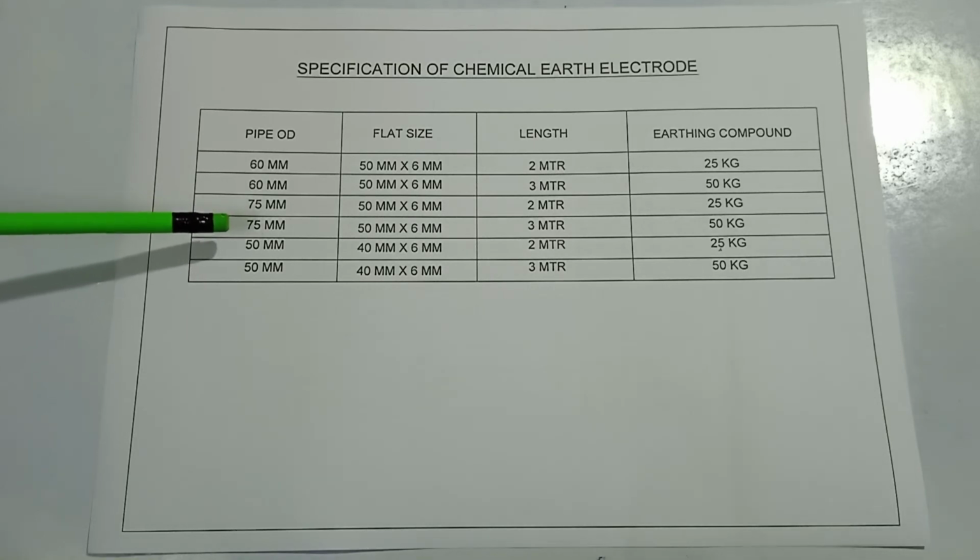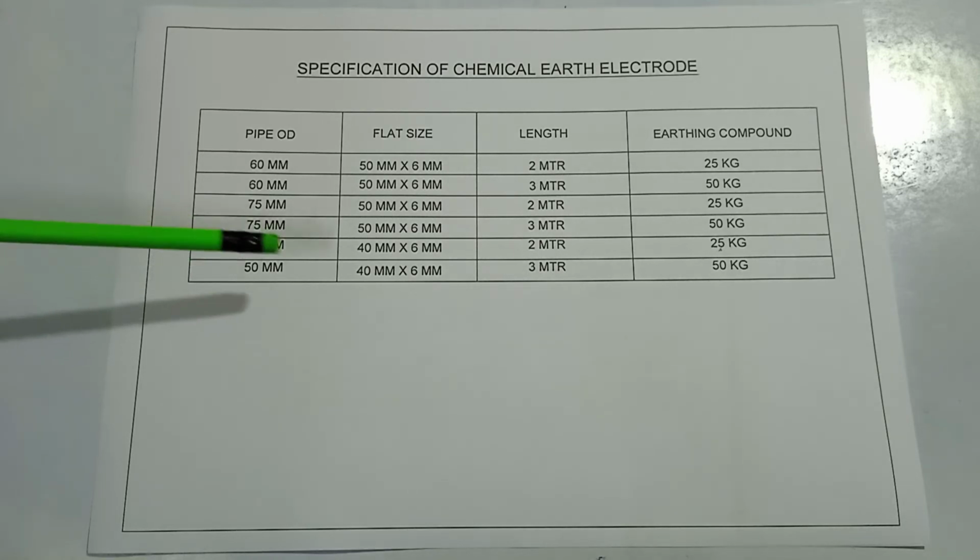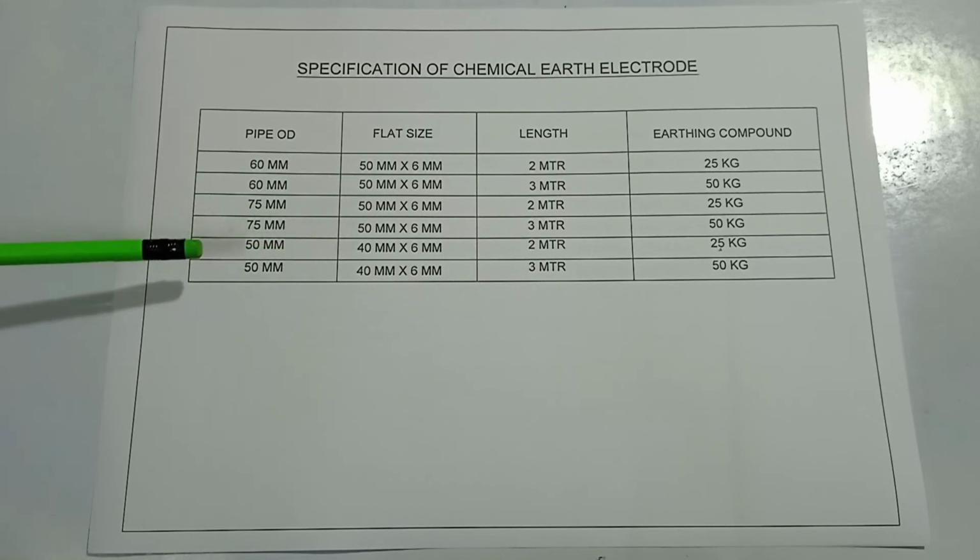Again, 75 mm outer diameter of pipe, and flat 50 mm into 6 mm, length 3 meter, and the earthing compound required is 50 kg. And again, pipe outer diameter 50 mm, flat size 40 mm into 6 mm, and length 2 meter, and earthing compound 25 kg.